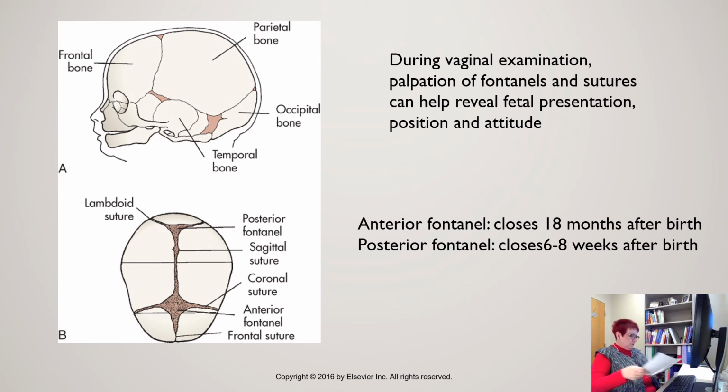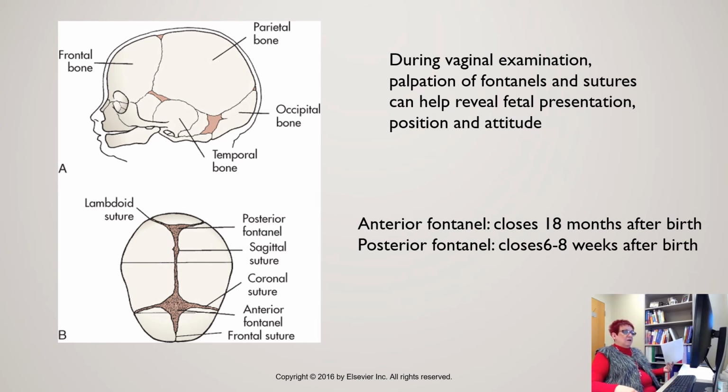So here we go. During a vaginal exam, the nurse or the physician can palpate the fontanelles, the anterior and the posterior, and determine how the baby is turning. If it's head down, if it's turned to the right, if it's turned to the left, if the anterior fontanelle is anterior or the posterior is showing up, either one of those, and we'll look at some pictures here in just a minute.